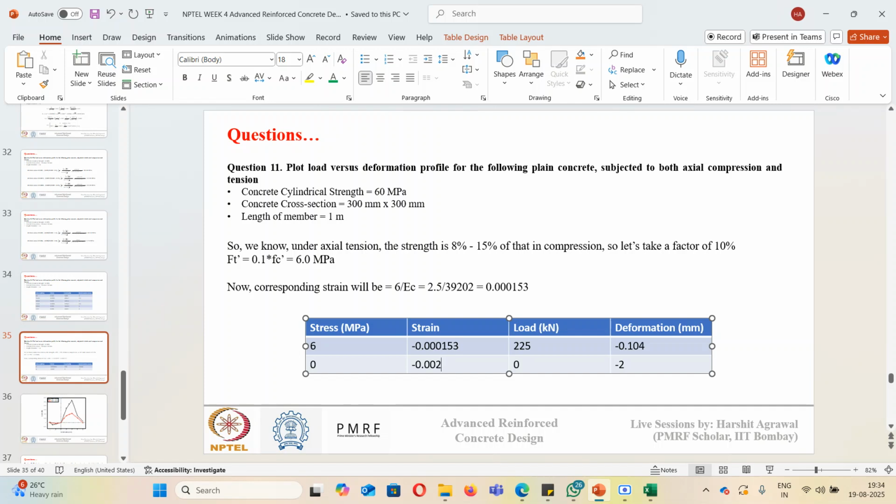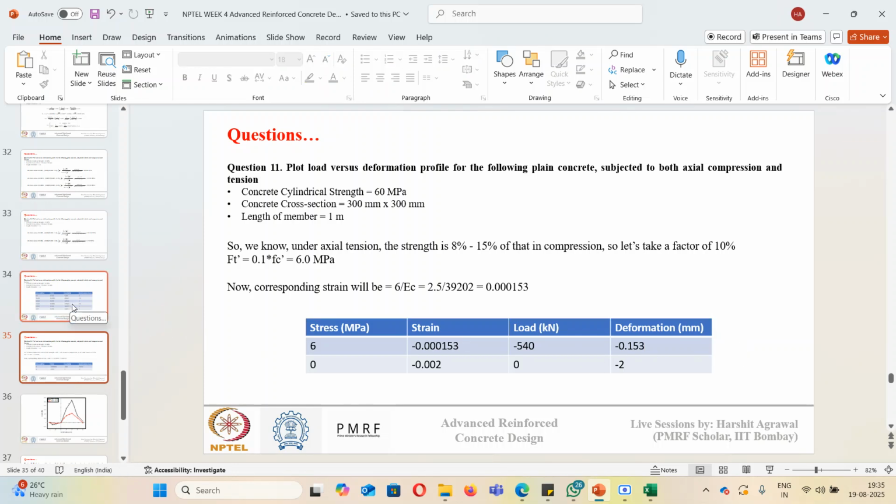Any strain value higher than this will have stress 0. So load, if I calculate, 6 into 300 into 300 divided by 1000, will be minus 540, and deformation is minus 0.153, and this is 0 and this is minus 2.